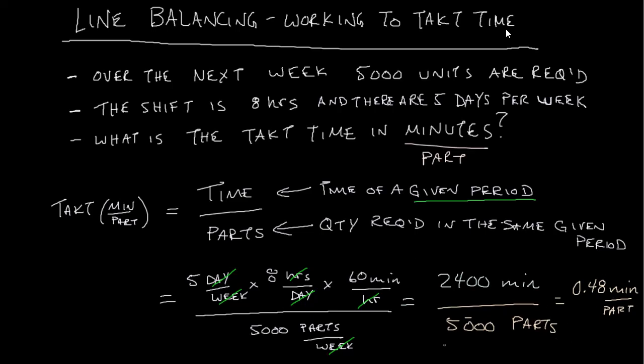So we know that our system as a whole needs to produce a part every 0.48 minutes.